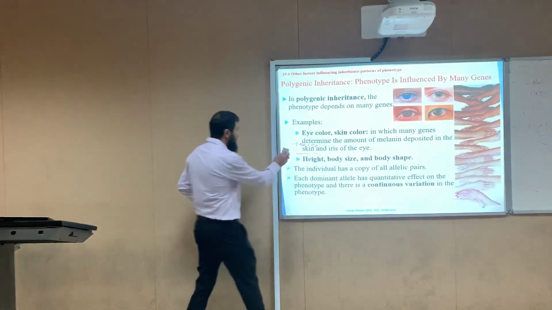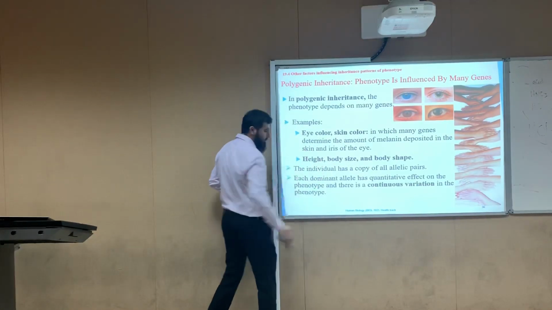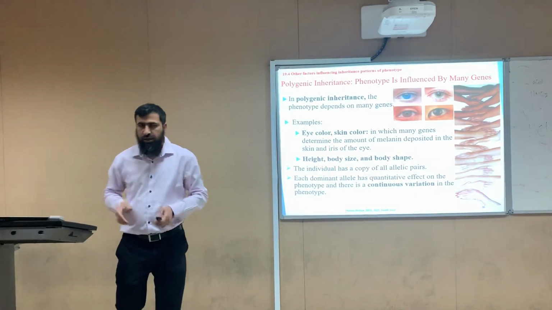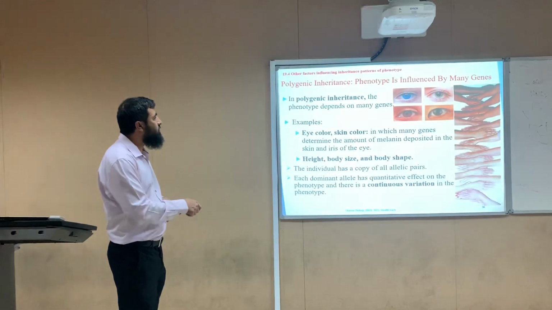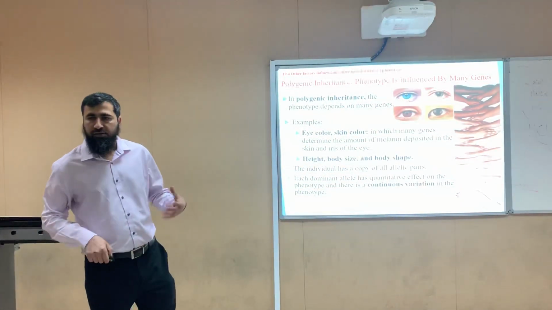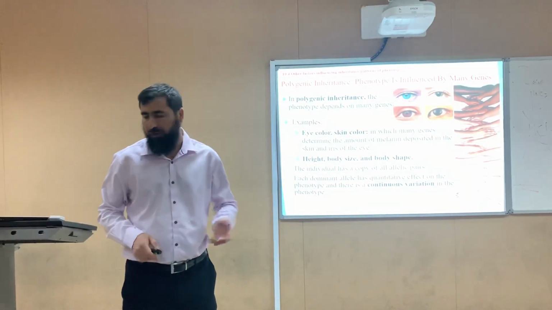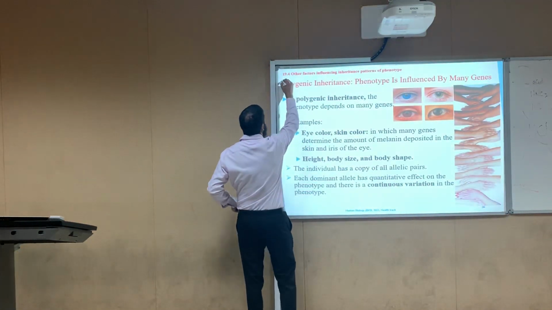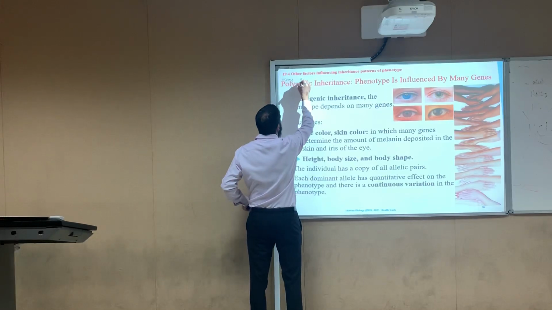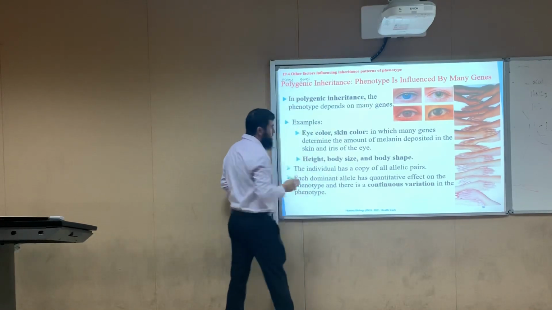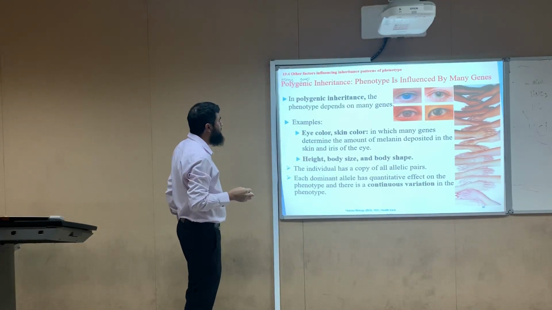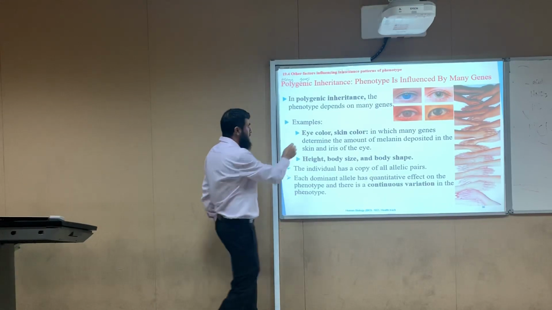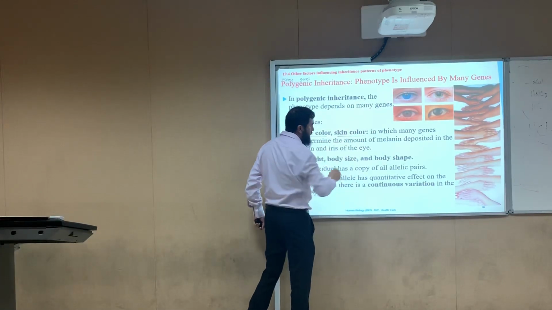So today we'll continue with the different types of non-Mendelian genetics. In polygenic traits, the trait is controlled by more than one gene. Poly means many, so it involves many genes. Examples of this are eye color and skin color.